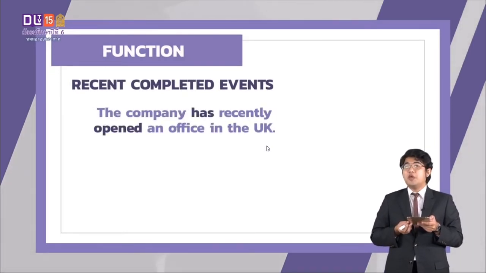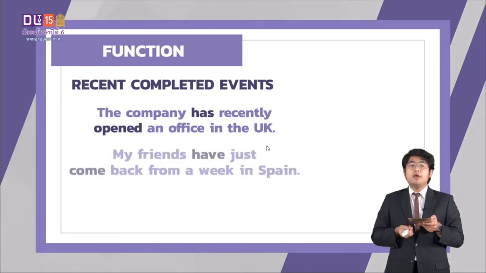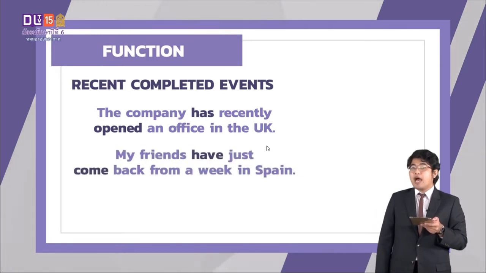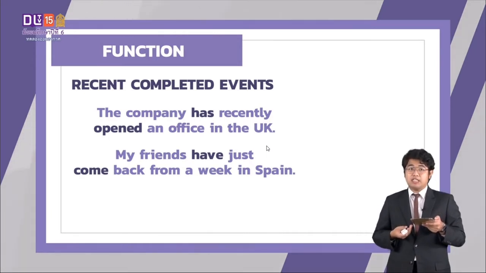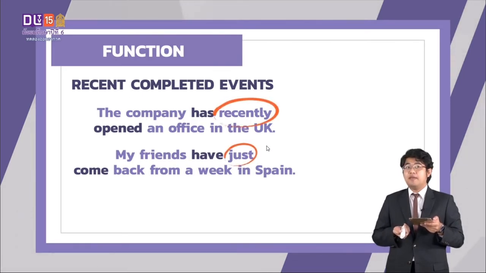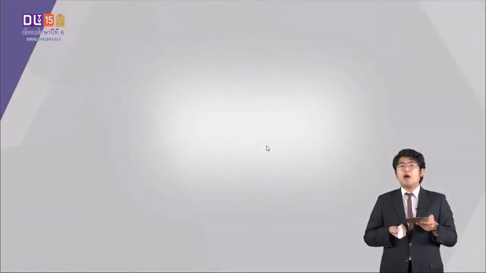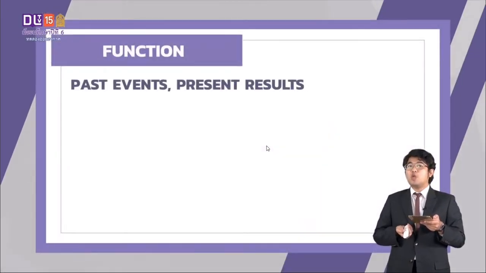This is talking about experience, right? Recent completed events. Let's look at the examples. The company has recently opened an office in the UK, and my friends have just come back from a week in Spain. This is talking about recent completed events. Okay, you will see the words recently and just. Okay, next, about past events with present results.